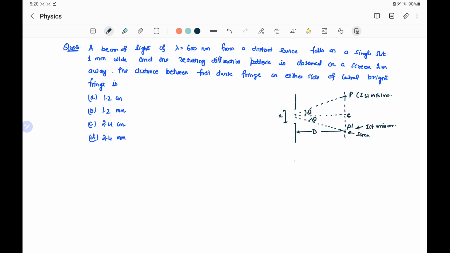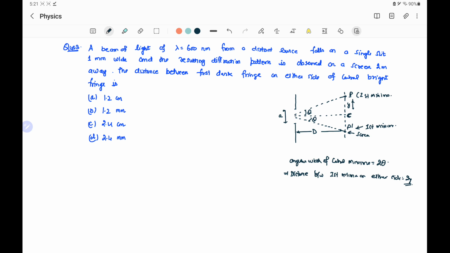This is also the first minima. So the angular width of the central maxima is 2 theta, and the distance of the first minima from the center C is, suppose, y. So we can say that the distance between the first minima on either side is equal to 2y.